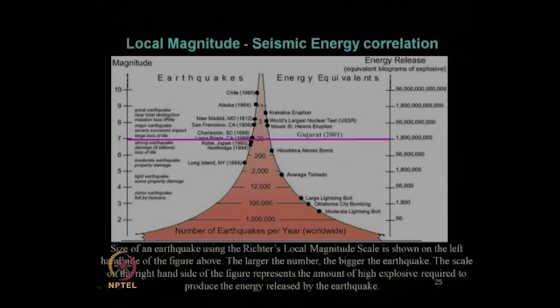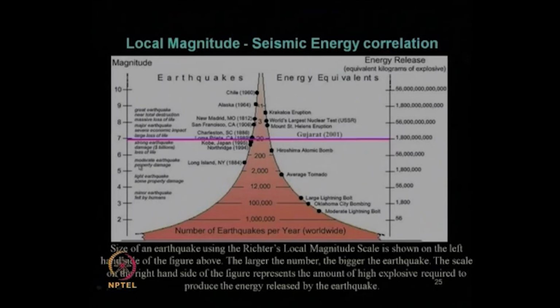So, these are the great earthquakes, near total destruction with massive loss of life, and these are major earthquakes with severe loss of life. These are strong earthquakes, damage in billions of dollars and loss of life.